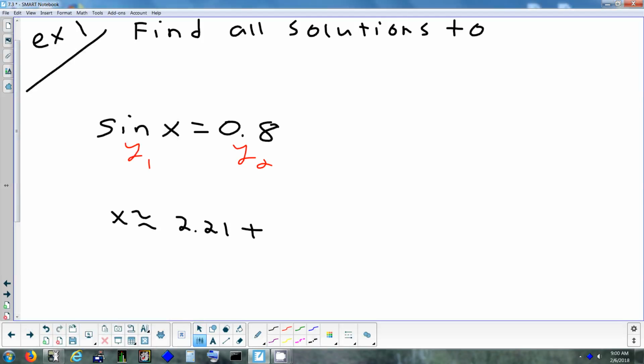But that answer is going to keep repeating every cycle. And we just said the length of a cycle is 2 pi. So put plus 2 pi n. And if n was a negative number, you could find answers in the cycles before. Think of subtracting 2 pi. You could move back to the left.